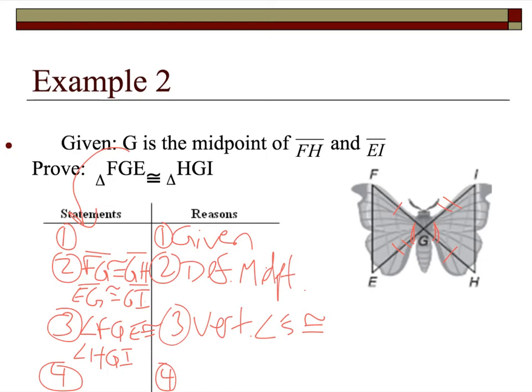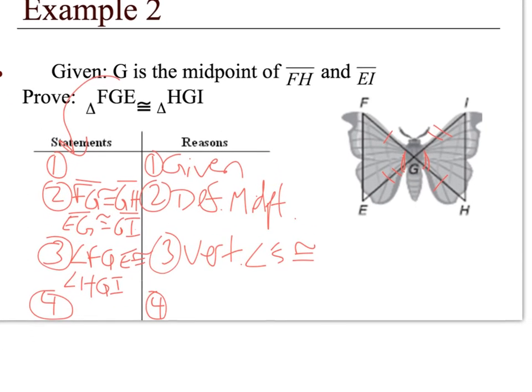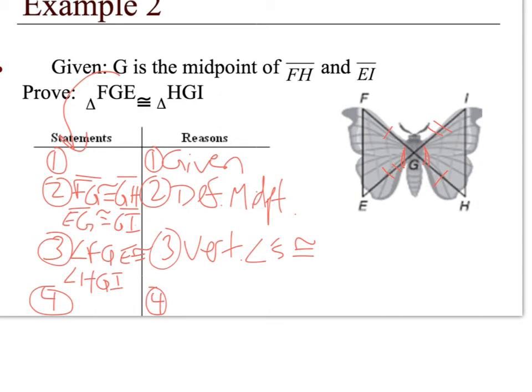Heck yeah, I do. I'm running out of room though down here. Alrighty, here we go. So I have triangle FGE is congruent to triangle HGI. Sorry, everything is kind of crammed here, guys. I should have adjusted, but I didn't. YOLO. And our reason is SAS. Side angle side. Alrighty, excellent.